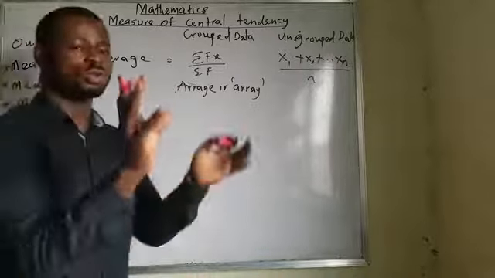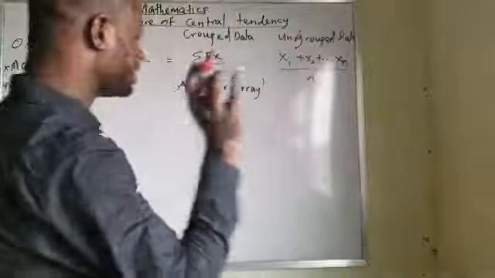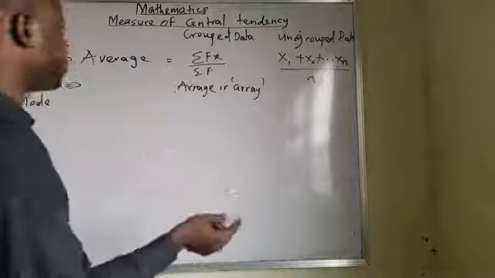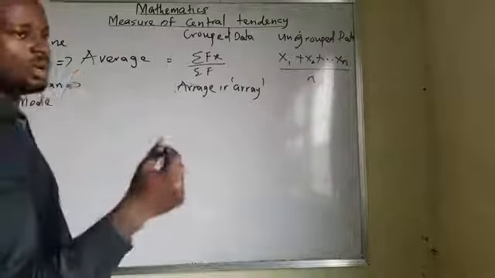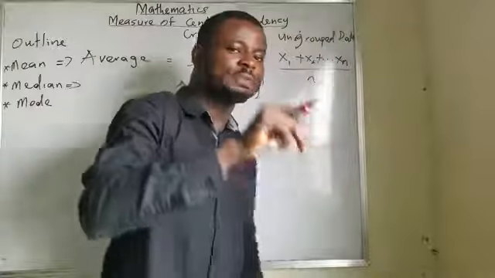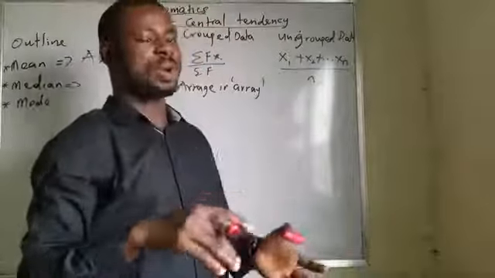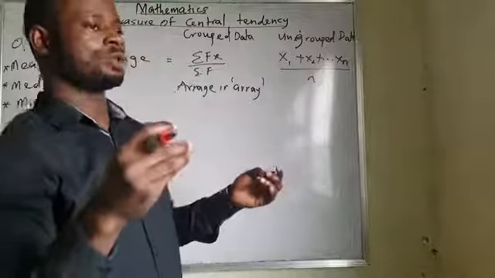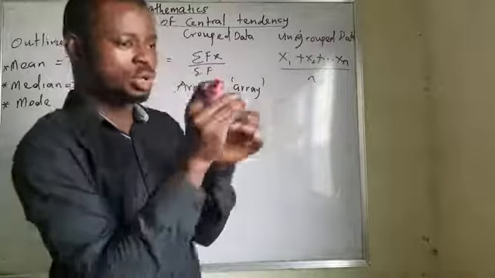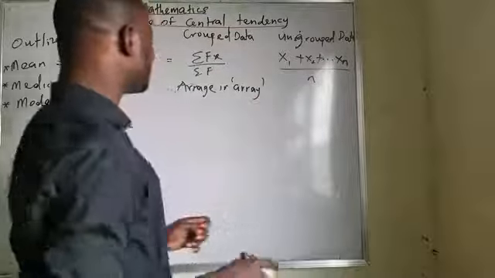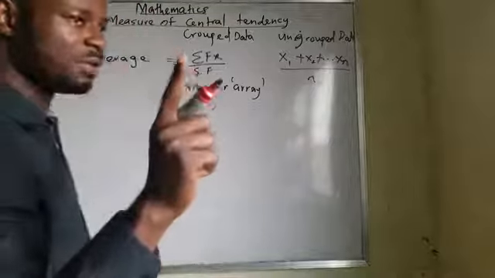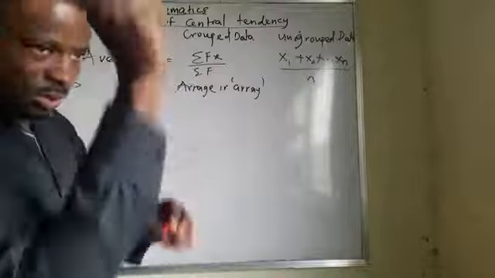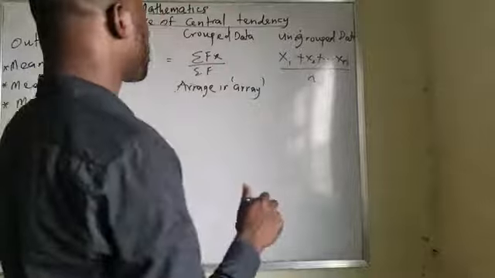And you pick the number that falls at the middle. That becomes your median. If 2 fall at the middle, you have to add the 2 together, like when you have it in form of even, you add the 2 numbers together and divide by 2. And if it is odd, you have only one number, the number that falls at the middle becomes your median.